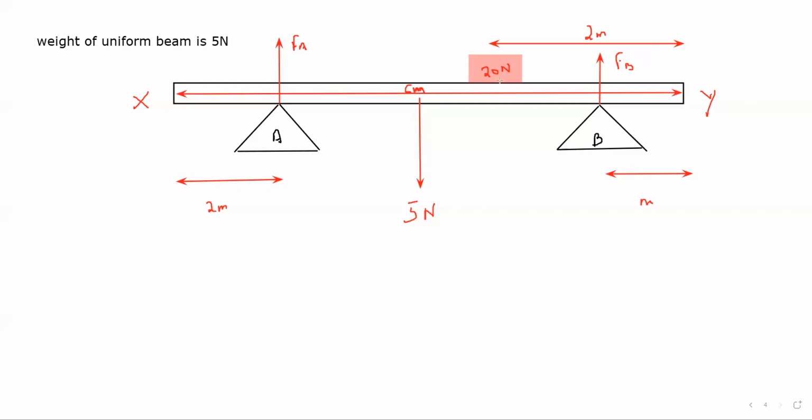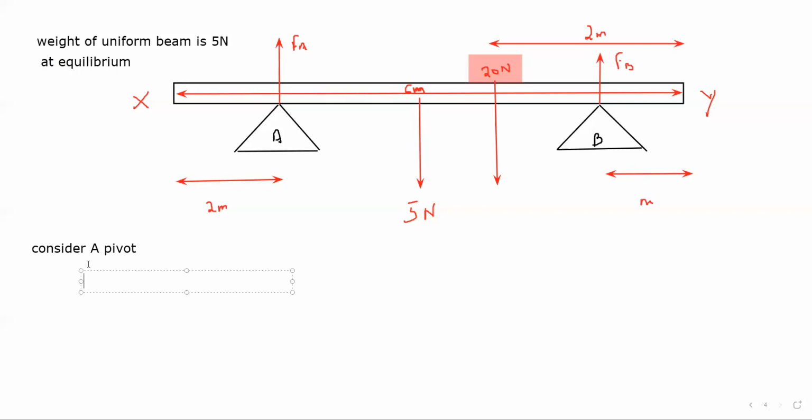This 20 Newton is also acting down, and this beam is in equilibrium. You will get the same answer. For example, I consider A as a pivot or the point of rotation, so I will apply the conditions of equilibrium.